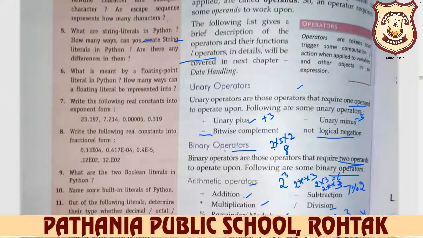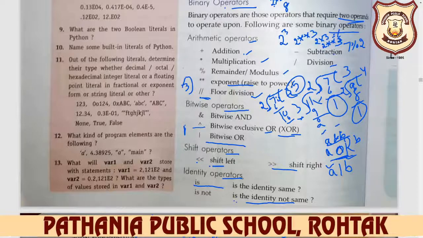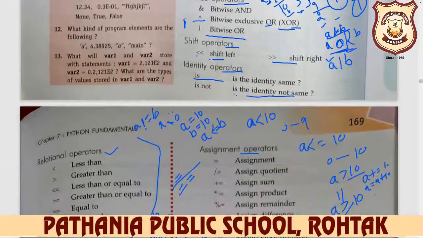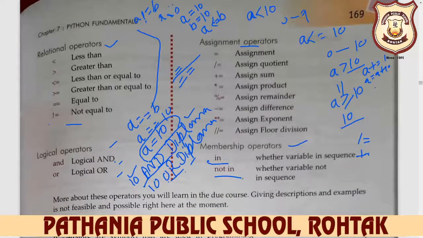Your unary operators are unary plus, unary minus, bitwise complement and logical negation. But in binary operators, your arithmetic operator, bitwise operator, shift operator, identity operator, relational operator, assignment operator, logical operator, membership operator. But your most important operators are arithmetic operator, relational operator, and logical operator.